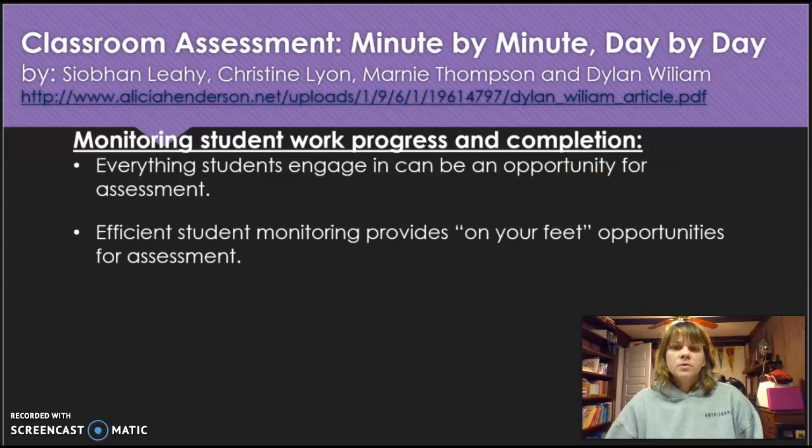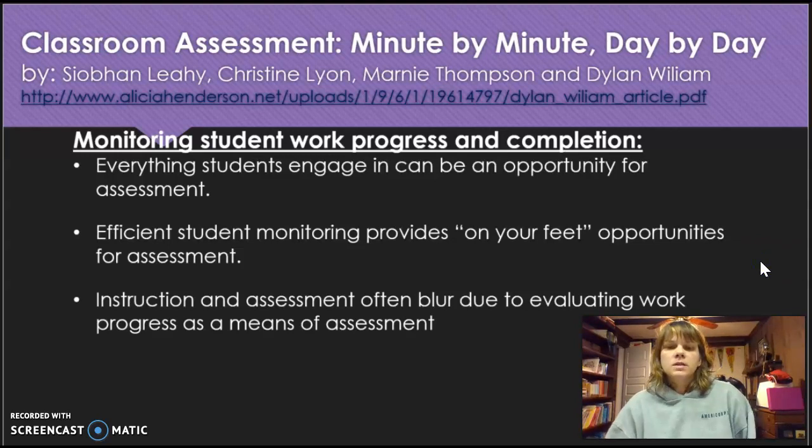When students converse in groups, practice individual work, answer and ask questions, finish projects, and hand in homework, teachers can use these interactions and observations for assessment. We should always be monitoring for understanding so that we can reteach, clarify, and adjust as needed.